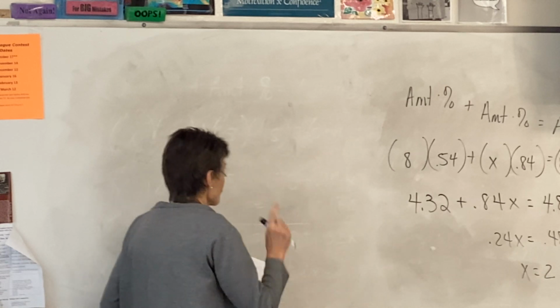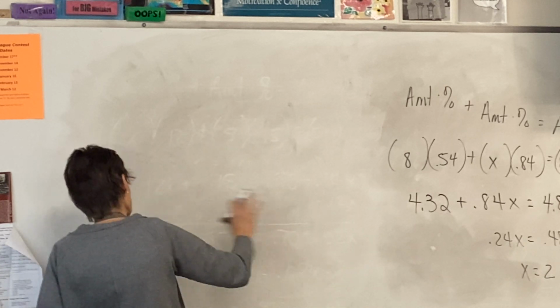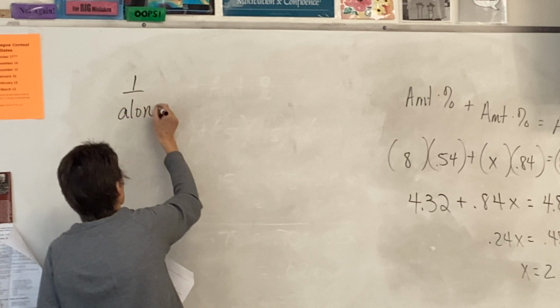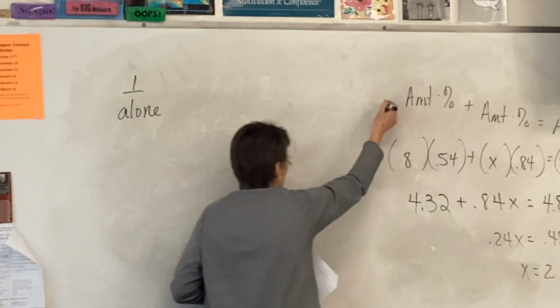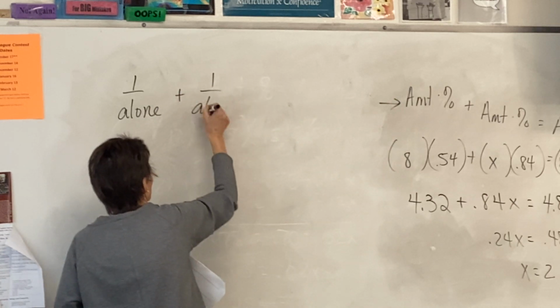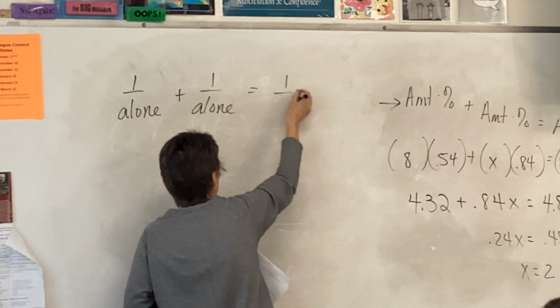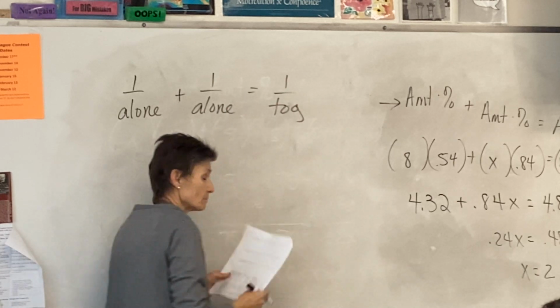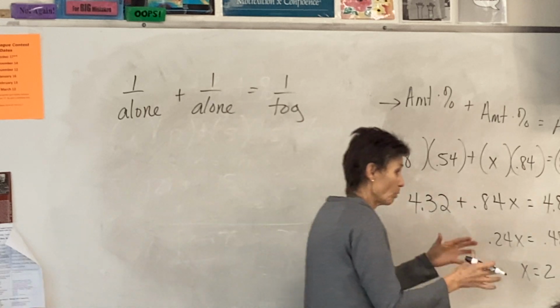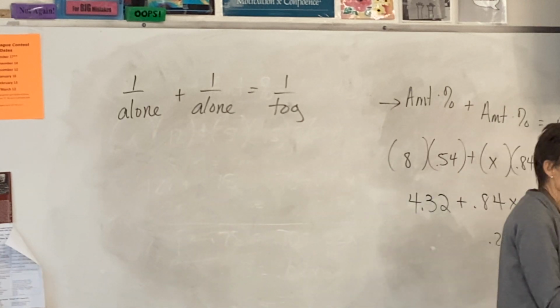And the strategy, the easiest way to approach these problems is to just follow a little formula. 1 over alone plus 1 over alone equals 1 over together. So these problems involve 2 or more people doing a job.